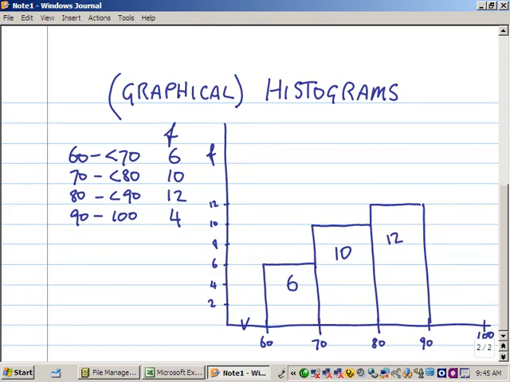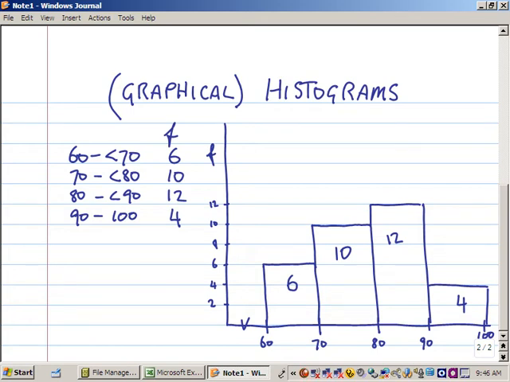Alright, and 90 through 100, I have 4. Alright, and that is a histogram. And even though I haven't drawn it to scale, I'll show a more accurate rendition of that in a second.